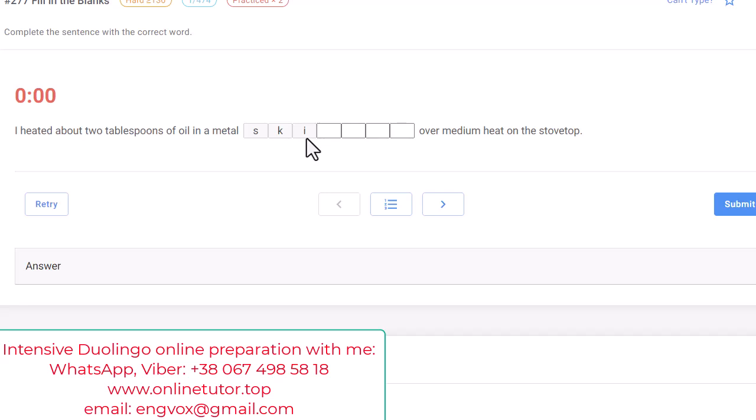Maybe at some primitive level, if the system understands that you don't know anything, they will give you such a primitive sentence where the blank is just, for example, they. But I didn't face such a thing. Let's hope you will not encounter it, because it will be a very negative sign if you see something like that. It means that the algorithm has determined that your level is very low.